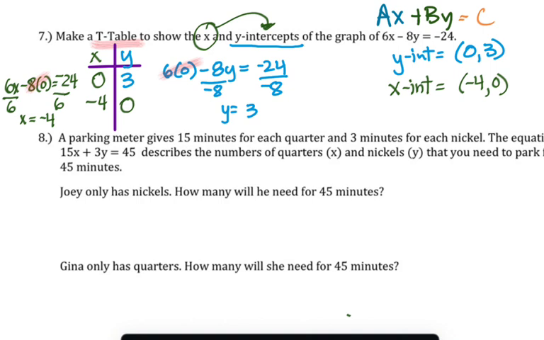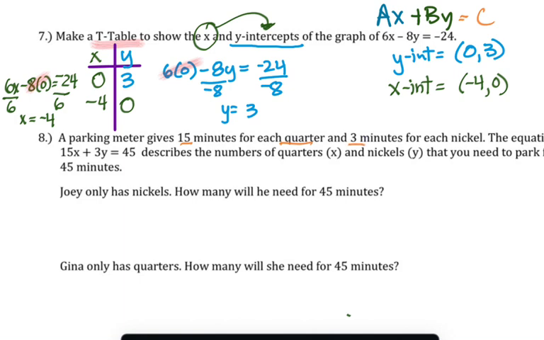So we use this powerful way to solve for x and y intercepts in, say, a standard form equation in a word problem, like in number 8, where it says that a parking meter gives 15 minutes for a quarter and 3 minutes for a nickel. So if it's 15 for every quarter, that's how we get 15x, because x is represented in quarters.